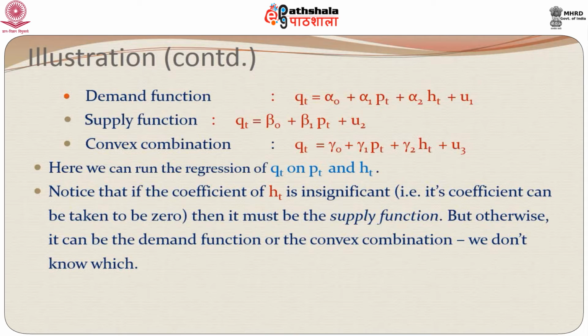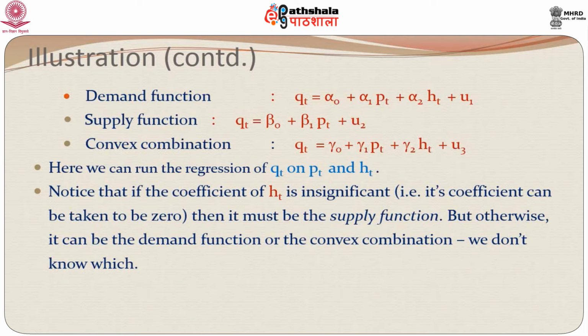So, an insignificant Ht would actually identify the supply function, but not so for the demand function, because if the coefficient is significant, then we cannot say it is a demand function, because it can still be the convex combination of the demand and the supply function. So, in this case we say that the supply function is identified, but not the demand function.